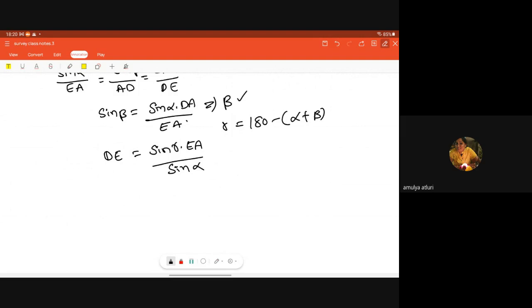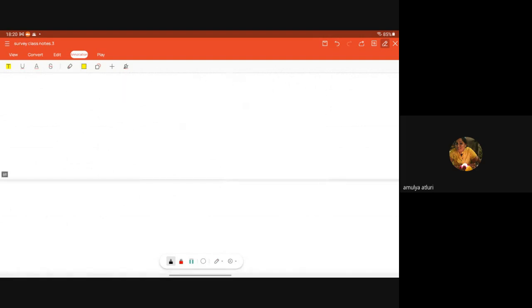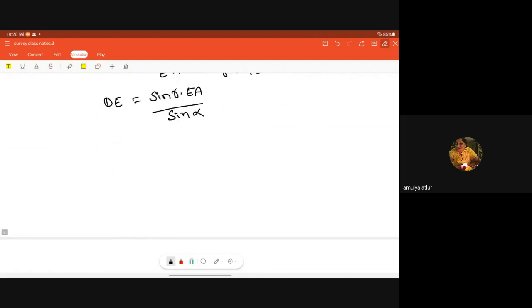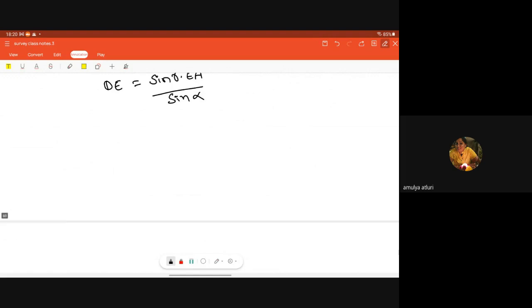Next is trigonometric leveling. Here ends the most parts of traversing. I have gone through all the parts of traversing. Next, let's go for trigonometric leveling. What is trigonometric leveling?